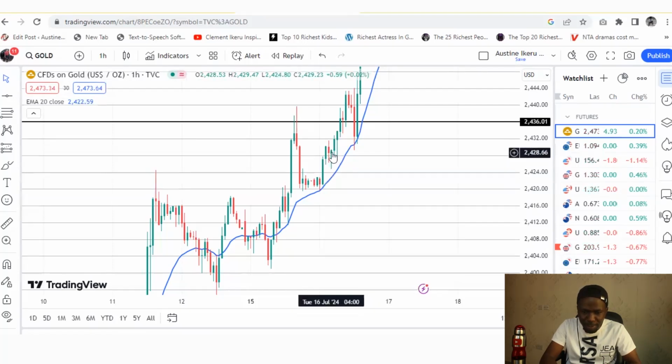The price makes a pullback close to the moving average, then gets rejected and forms this hammer. So this hammer acts as a bullish reversal pattern. Once this hammer closes, you can place a buy trade. Your stop loss will be below the moving average, and then you can ride this trend, right?